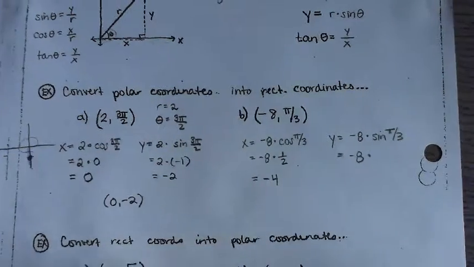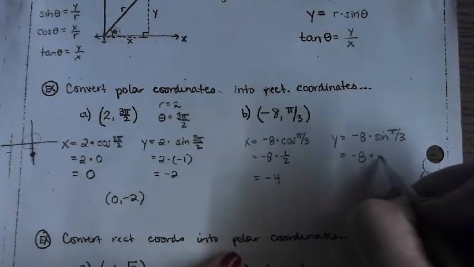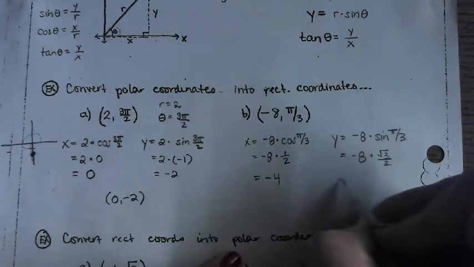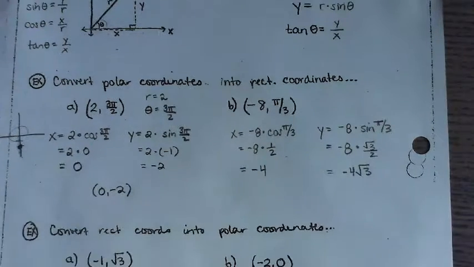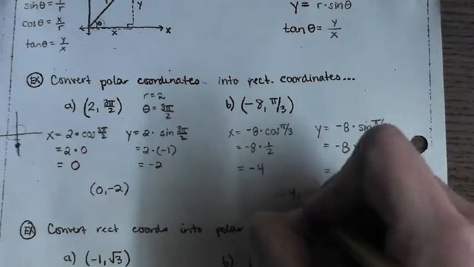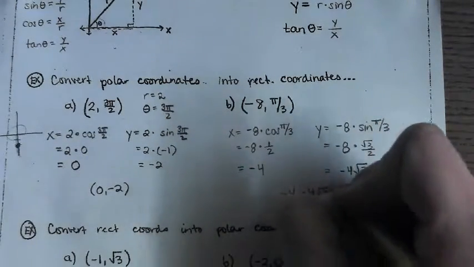What's the sine of pi over 3? Radical 3 over 2, so that's going to be a -4 root 3. So your rectangular coordinates are here.